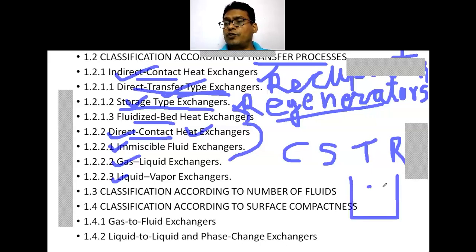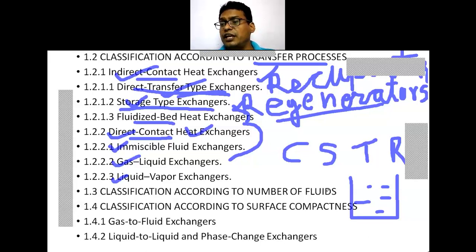In this fluidized condition, the solid particles are in a fluid-like motion. That is what is there in a fluidized bed heat exchanger. That means we are fluidizing solid waste and burning that solid waste. That is a direct contact type heat exchanger.